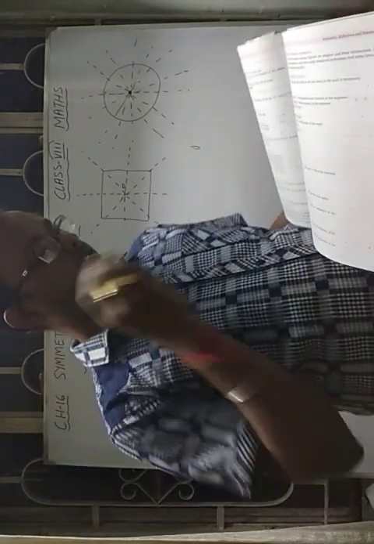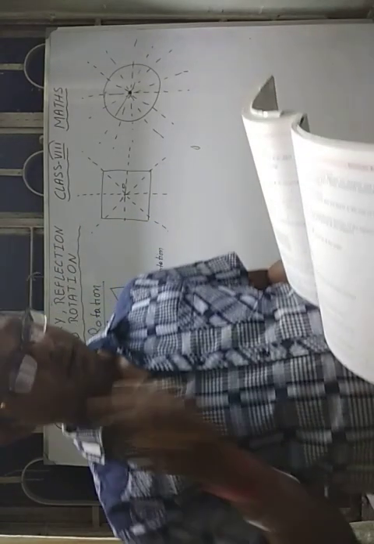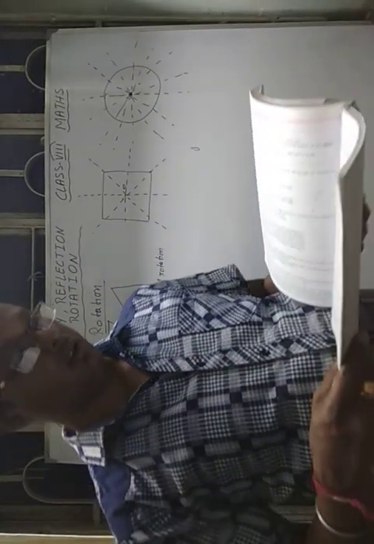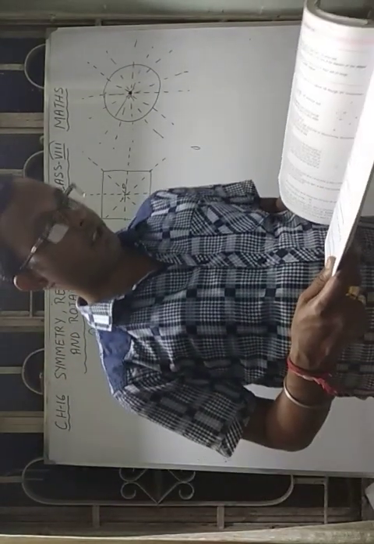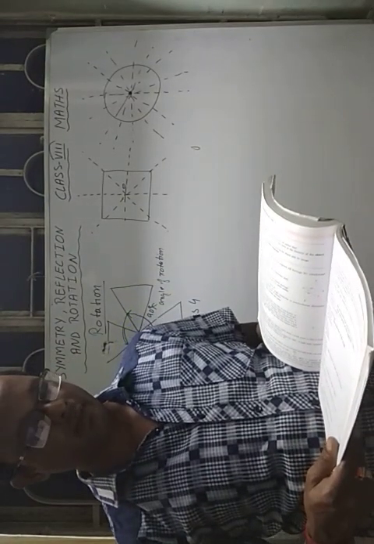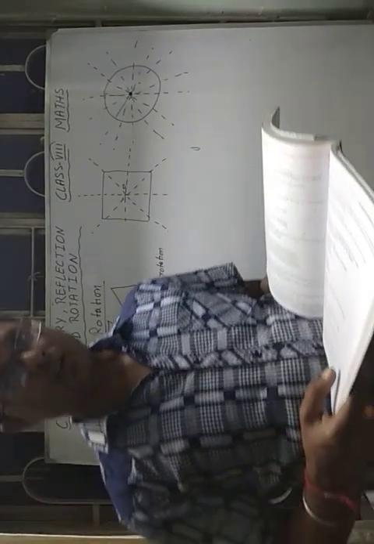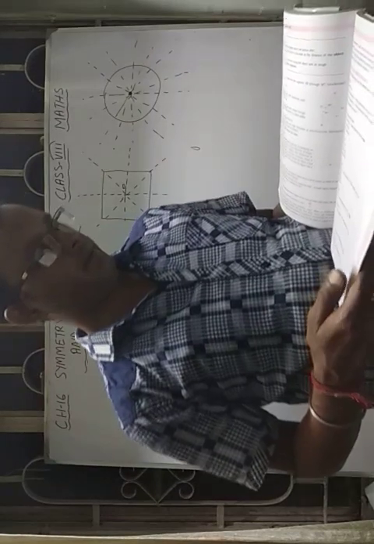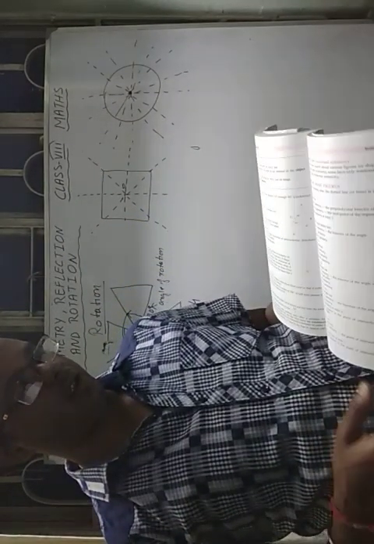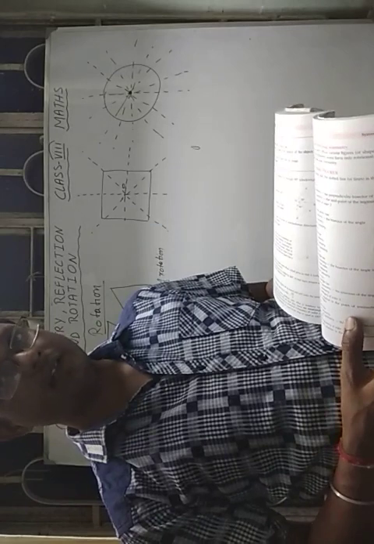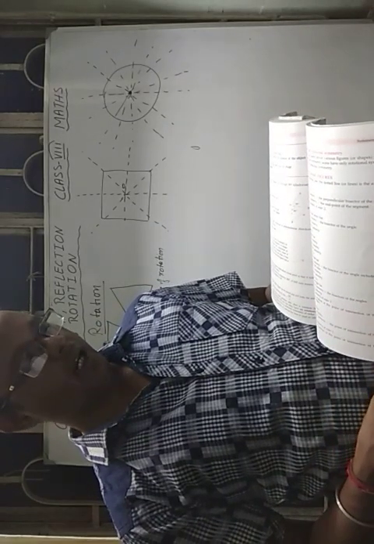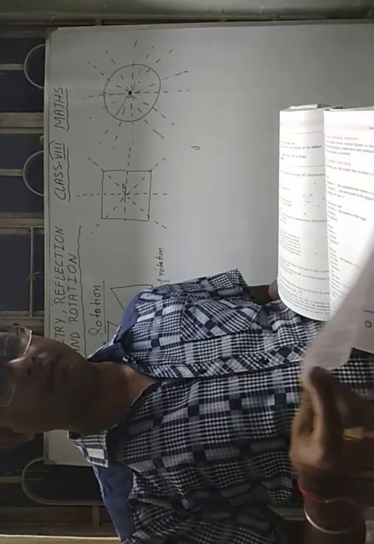The rotational symmetry is of order 3. So the center of rotation, the point of intersection of the angle bisectors, is called the point of symmetry. Parallelogram, no line of symmetry, one point of symmetry, that is the intersection of diagonals, and it is rotational also of order 2.